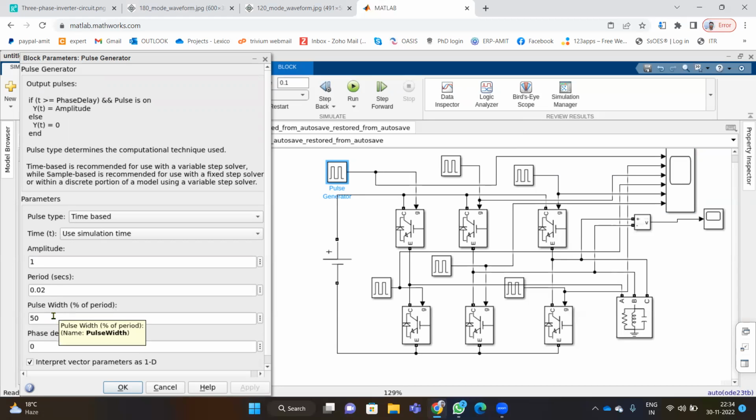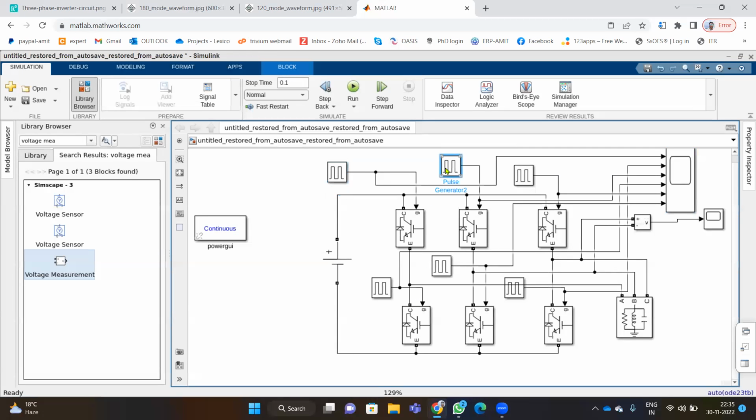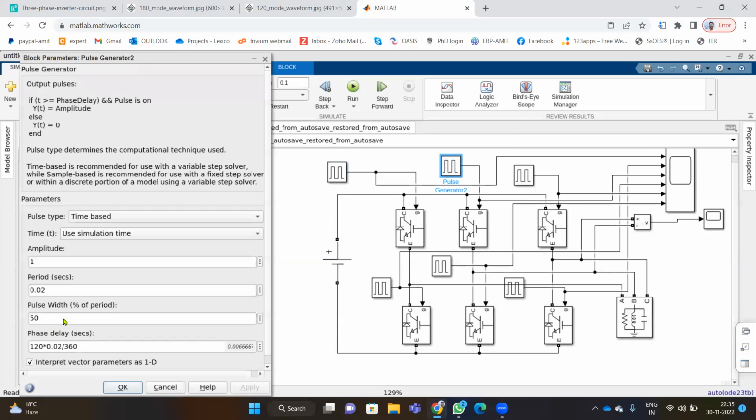So rather than 180 degrees, we need to replace it with 120 degrees. Earlier we were using 50% of the time period. Now we need to represent 120 divided by 360, so one third of the portion, 33.33%. So this change only we need to do in every pulse generator. The rest of the things are the same.